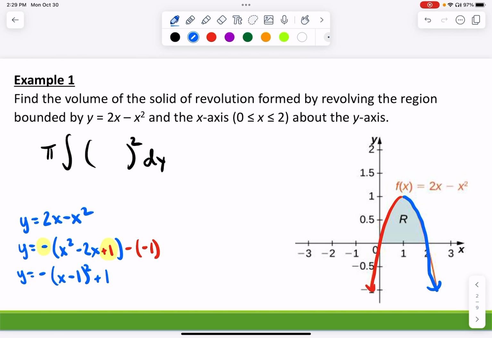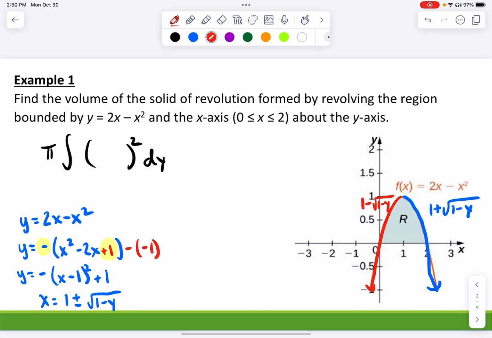Solving for x, and I'm going to run out of room, you could do this algebra. We get two functions: 1 plus or minus root 1 minus y. So there's a blue function, 1 plus root 1 minus y, and then the red function is 1 minus root 1 minus y.